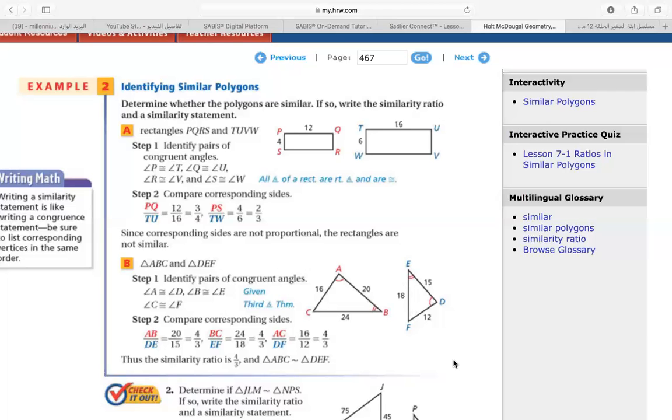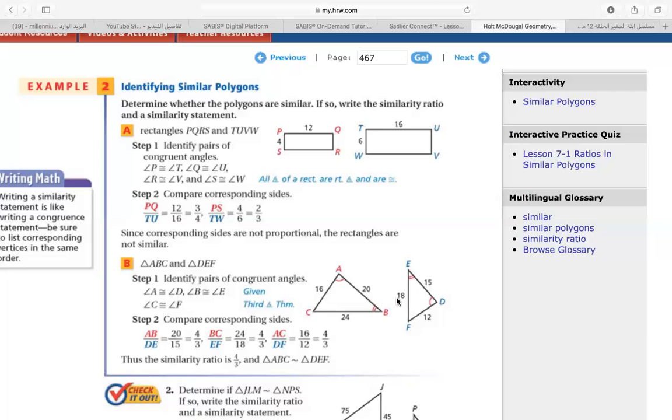Who will help me? So it's E and B. E and B. So what are their corresponding sides? FD and CA. Look, mice. According to the letters, you're going to say triangle ABC and DEF.